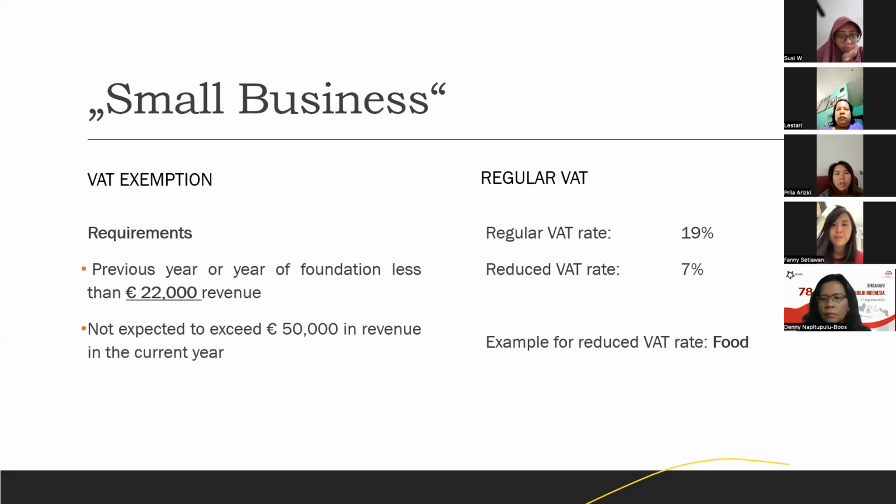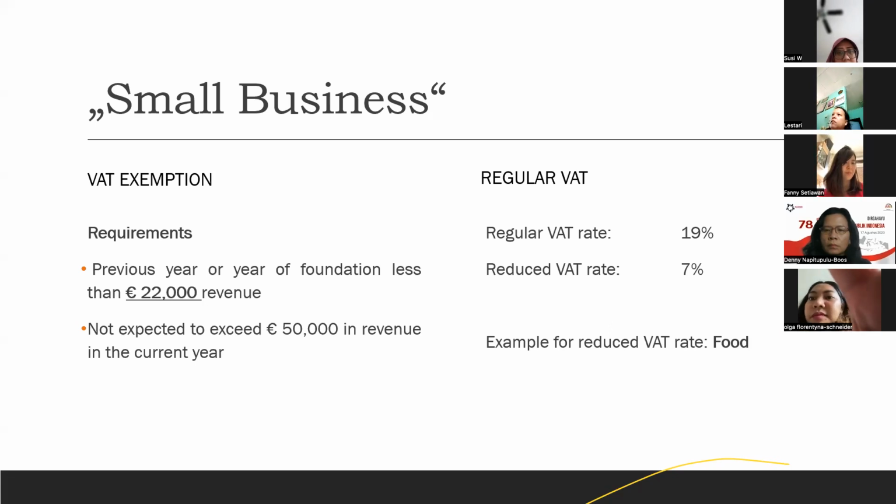And I guess if you bought some stuff in Germany before, you know the VAT rate. We have two of them. It's 19%, the regular VAT rate, and of course the reduced VAT rate. It's especially for food and water and so on, and other special stuff.